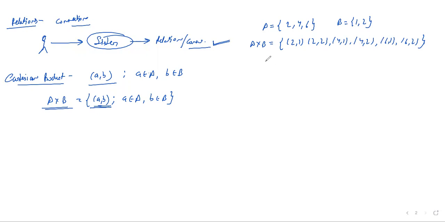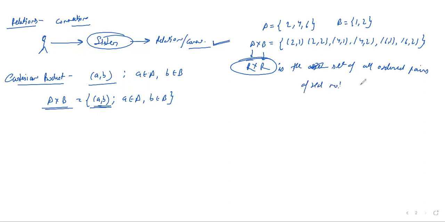Now say the set A comes from the set of real numbers R, and it is Cartesian producted with the set B, which also comes from R. So R cross R is the set of all ordered pairs of real numbers, and we call it R square, which is two-dimensional space.